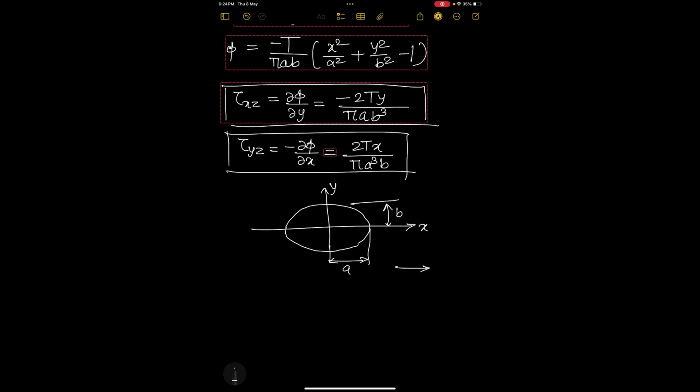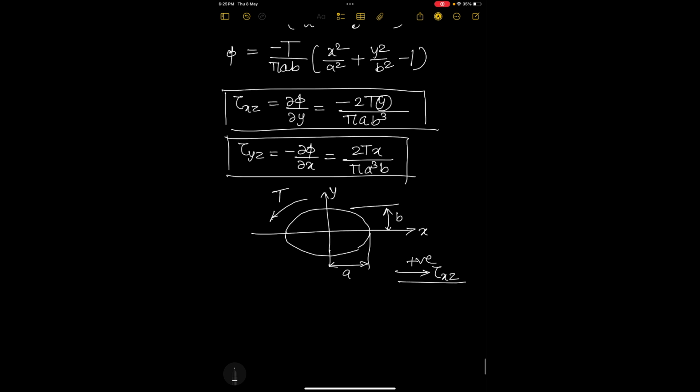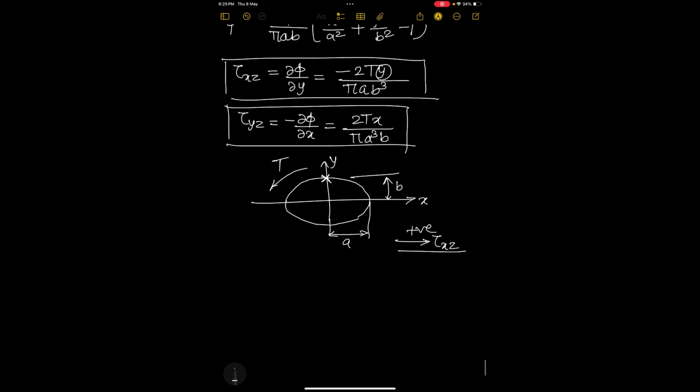We can see tau xz, which acts in the positive direction, is given by this arrow. This is positive, and our applied torque is like this. So tau xz is dependent on y, and the maximum value of y can be found at this point.